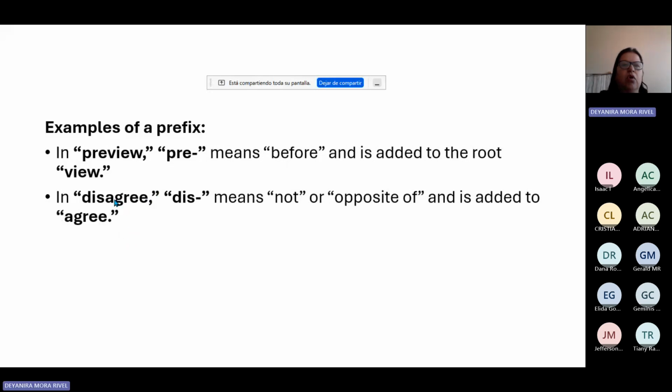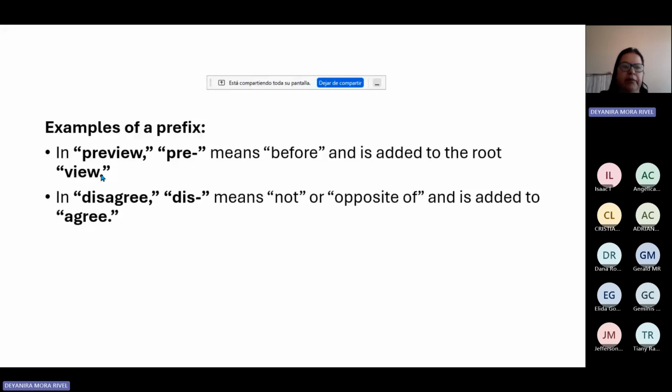More examples of prefixes. In preview, pre means before, and it's added to the root view. So the word preview can be divided into two different morphemes, right? Pre meaning before and view meaning to see.